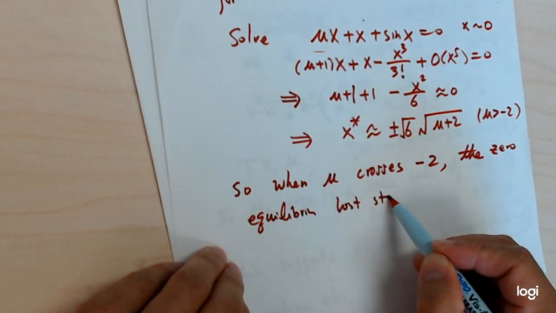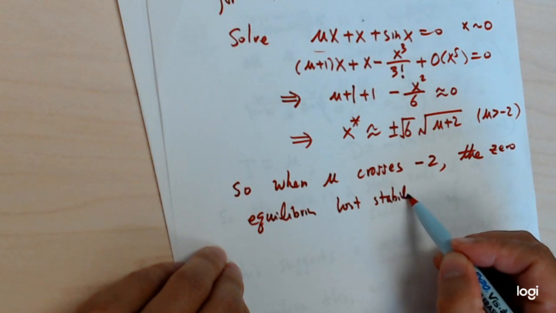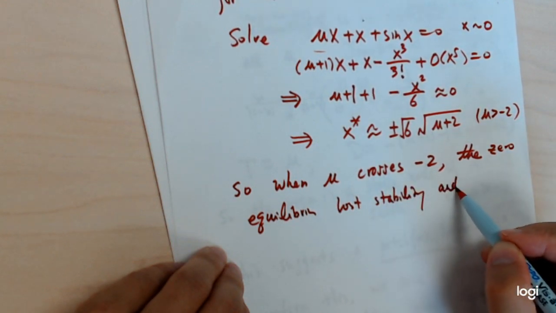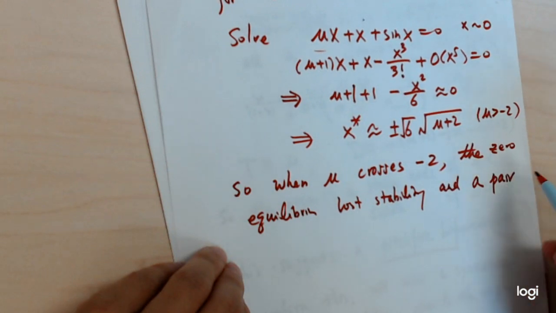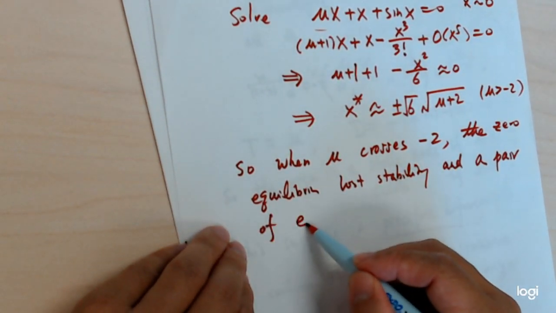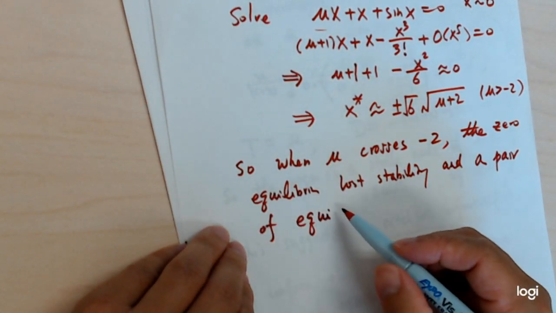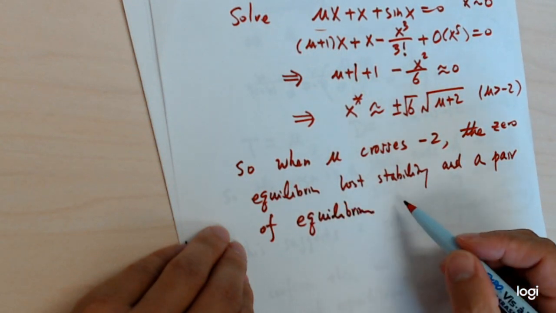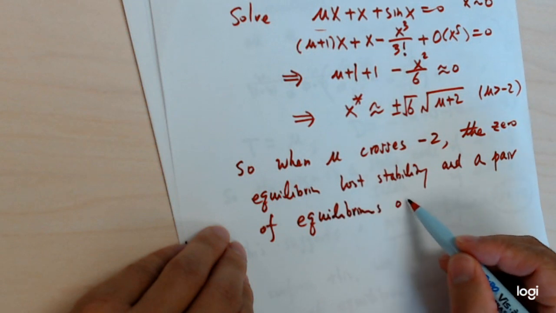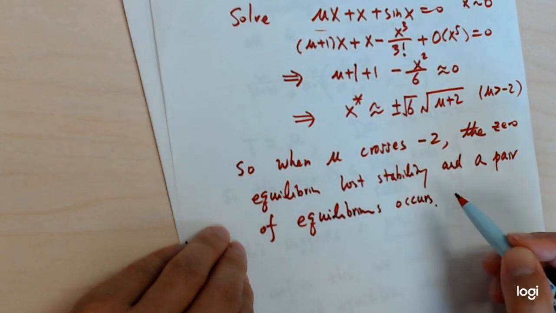and the zero equilibrium lost stability, and the pair of equilibria, actually it's a stable equilibrium that we didn't really analyze, occurs.